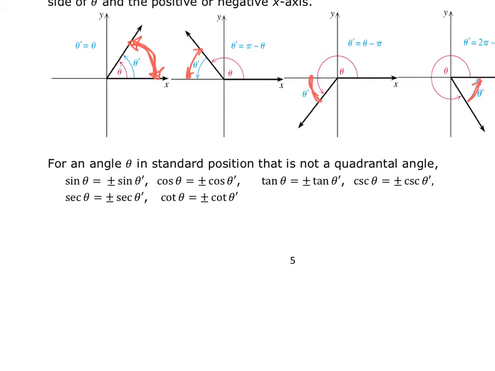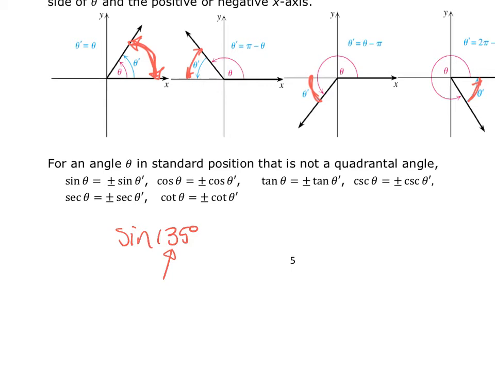We note the reference angle as theta prime. That's just a notation to talk about the reference angle. So when we start talking about what sine and cosine is, if I want to find the sine of 135 degrees, all I have to do is find the reference angle to 135 degrees. The way I do that is I realize I'm in quadrant number 2.